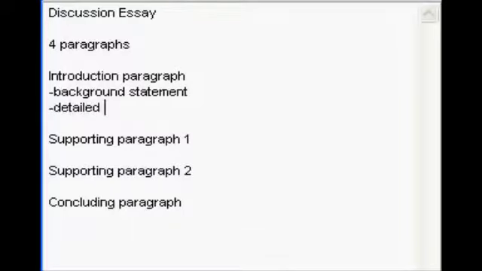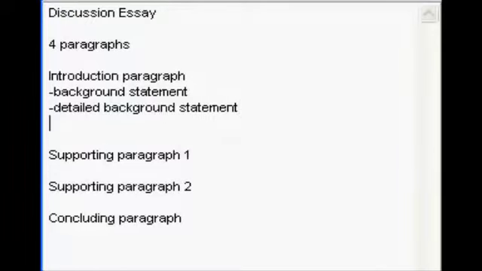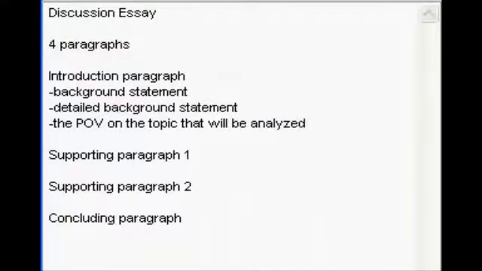The second is a detailed background statement. So it's basically a little bit more information on the topic that we introduced in the first sentence. The third sentence is the points of view on the topic that will be analyzed.